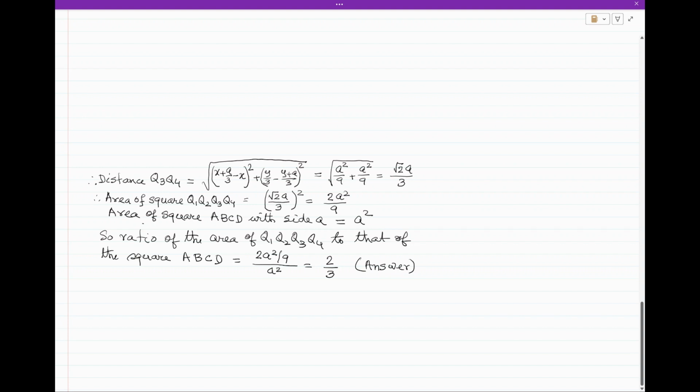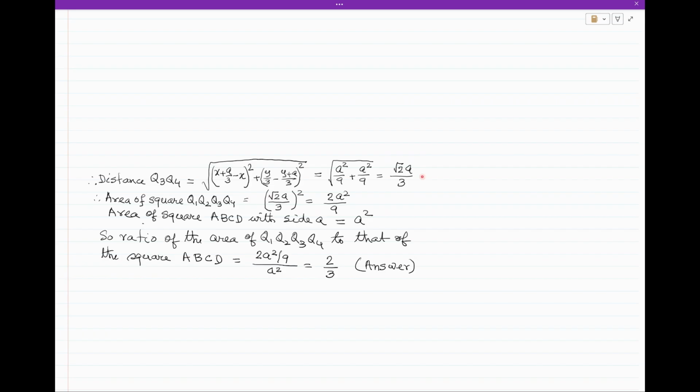Therefore, the distance Q3Q4 is equal to the square root of ((x plus a) by 3 minus x by 3) whole squared plus (y by 3 minus (y plus a) by 3) whole squared, that is equal to the square root of a squared by 9 plus a squared by 9, that is equal to root 2 times a divided by 3.